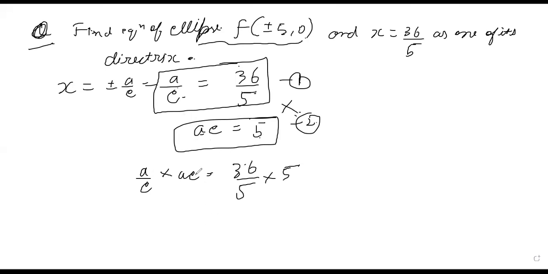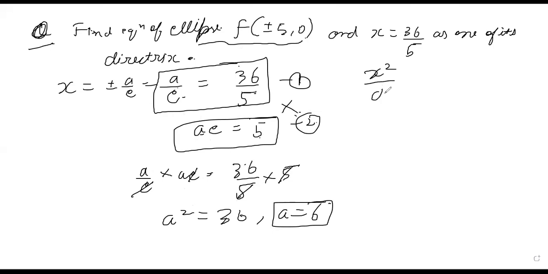So E will cancel out. A square will come out to be 36, and A will come out to be 6. To find the equation of the ellipse, we need both A and B.